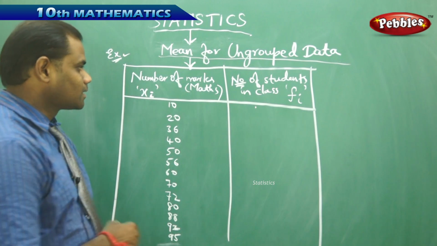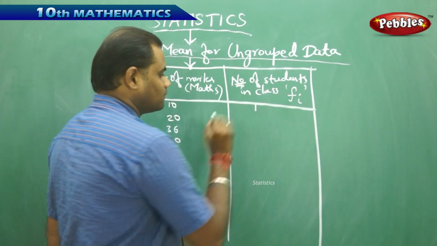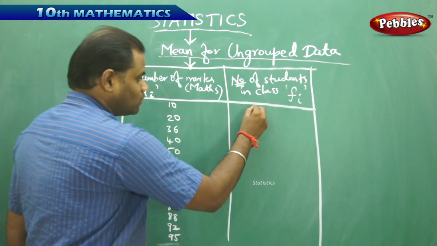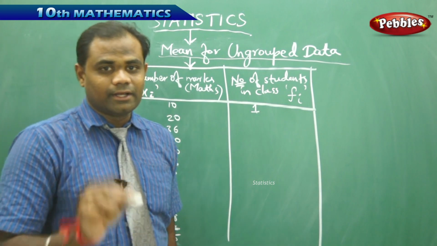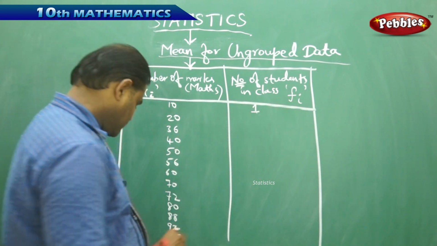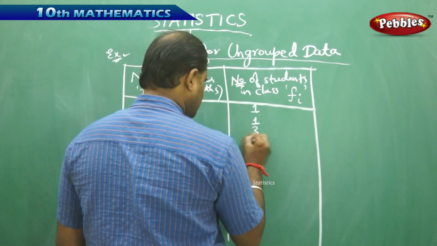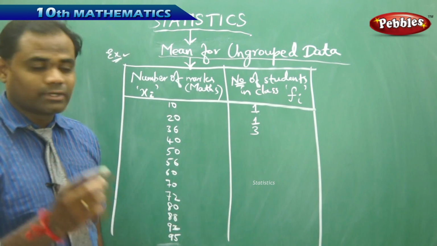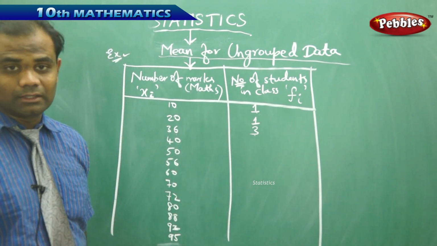Then clearly here, if the frequency is 1, I understand that there is only one student in the class who got 10 marks. So if my frequency here is 3, then there are 3 students in the class who got 36 marks out of 100.